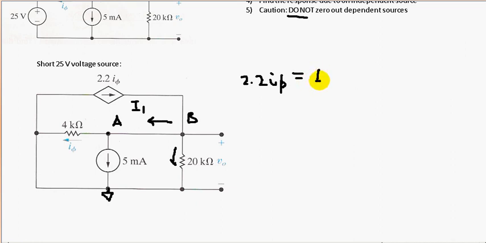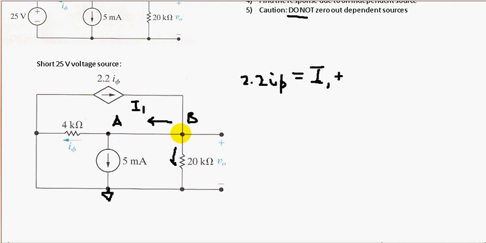You'll see later that I1 is equal to the currents going out of node A. So we have I1 plus the current through this 20 kilo ohm resistor. VB over 20 kilo ohms would give you the current, using Ohm's law, V equals IR, so V over R is the current.